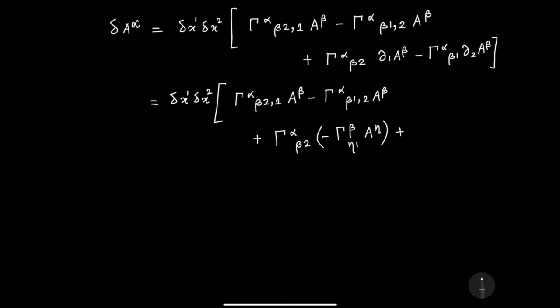Similarly, this I can write as gamma beta eta 2 A eta.